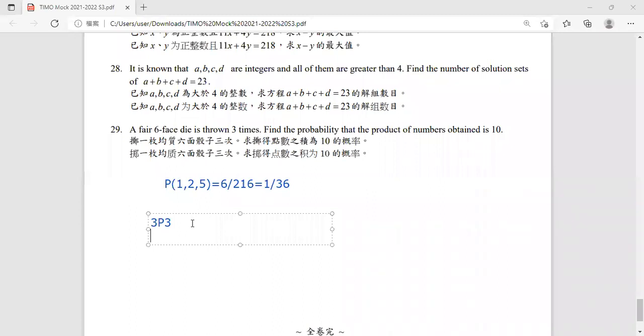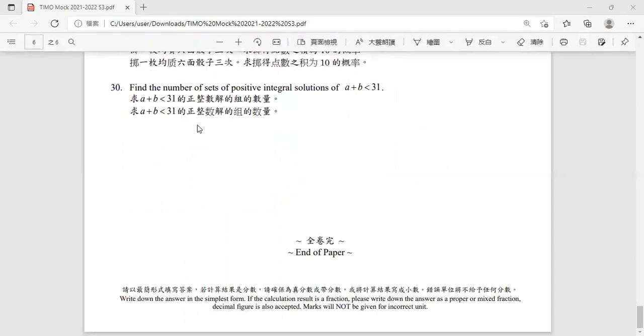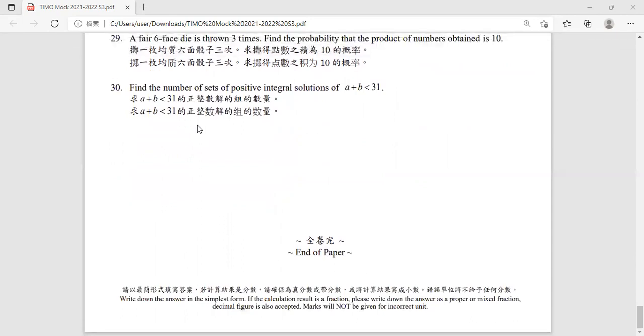So it's the permutation of 3 different numbers, 3 to 1. Okay, 30.